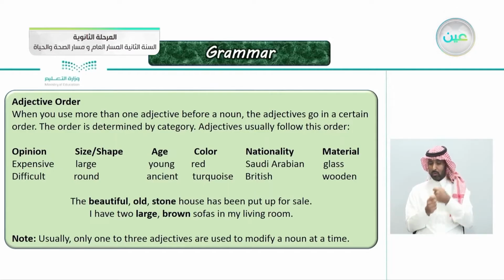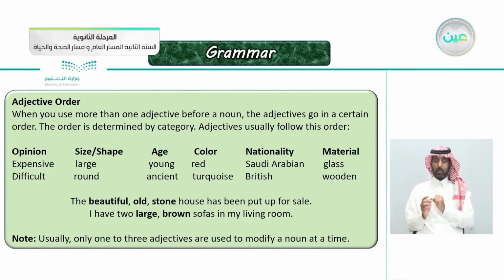The second example here: I have two large brown sofas in my living room. Large, so this is size, brown, color, sofas in my living room. As we can see here, size or shape comes before color. Again, I have two large brown sofas in my living room.